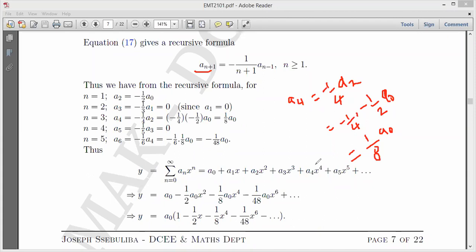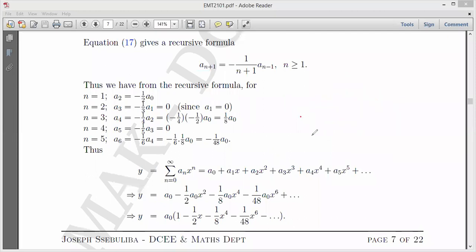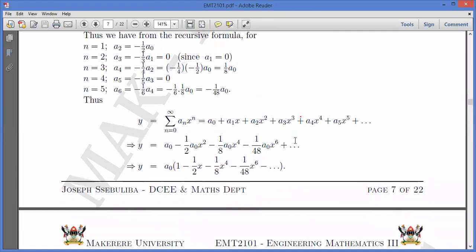That should be a positive. This will be positive N naught, 1/8. So if that is the case, guys, unmute yourselves. If we have that, that is N naught. This should be a plus here. Okay, so what we have is a plus somewhere here.